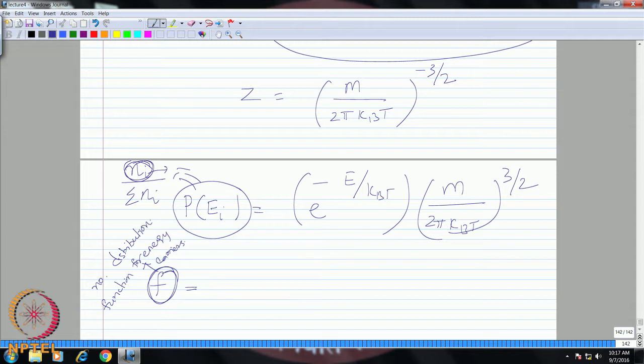Therefore, for the entire volume, when you want to calculate the number density, we will simply multiply the probability with the corresponding number density. So, we will call this the number density of molecules.